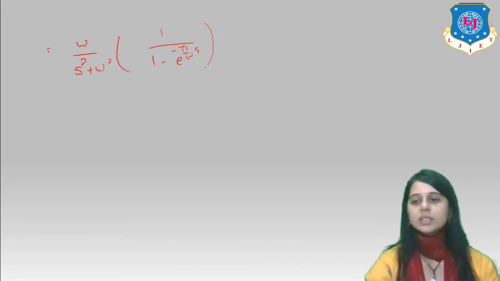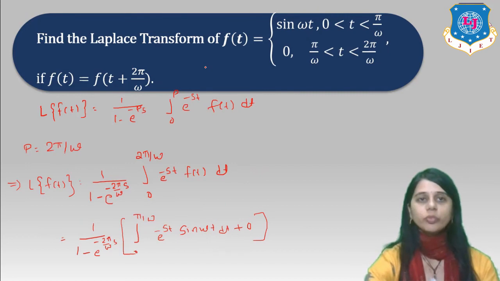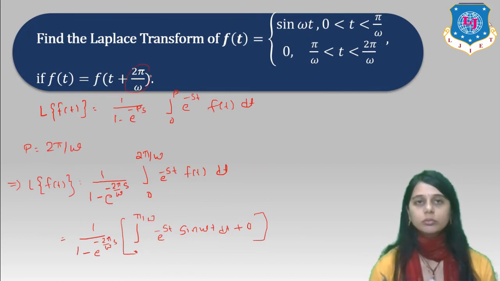We revise this example again. First of all, you have to find what your p is. Okay, write the formula, put the value of p. Then divide the interval. Now f of t is sin omega t in the interval 0 to pi by omega, and it is 0 from pi by omega to 2 pi by omega.